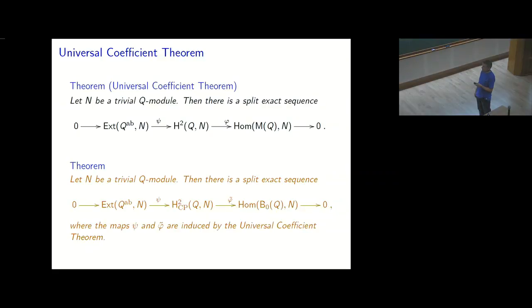This is easy to see because you know the definition of Ext is precisely that this symmetric difference is equal to 0, so that's not surprising, right? But the thing is that the quotient of these two is precisely this thing. So B naught now plays the role of this M of Q. Okay, and again you have a split exact sequence, and the maps are pretty much the same. They're just induced by the maps which come from the universal coefficient theorem.